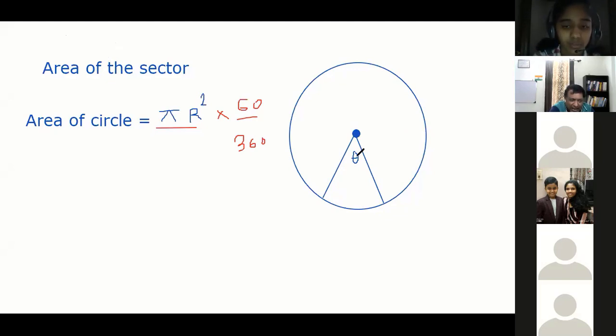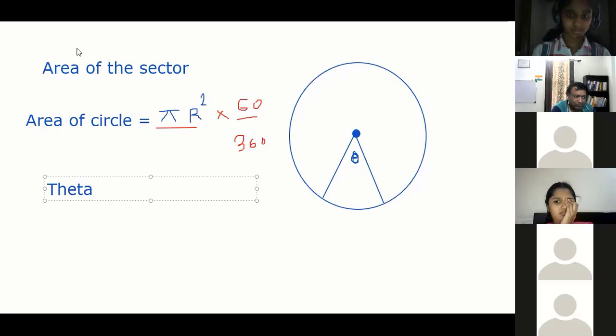So guys, this is theta, a Greek alphabet. We call it theta. What I'm saying is, if you have to get the area of a sector, it will be simple.